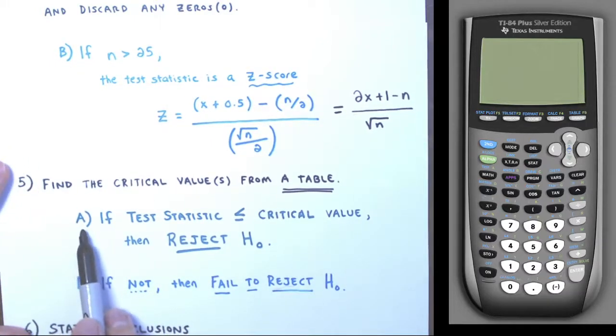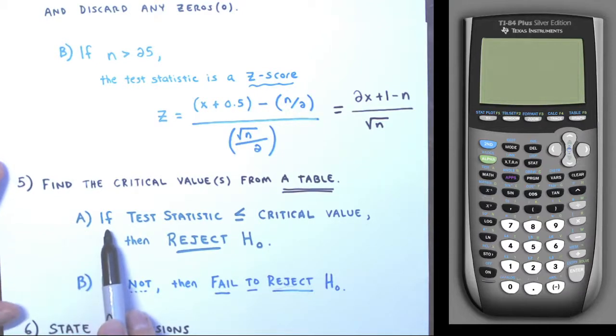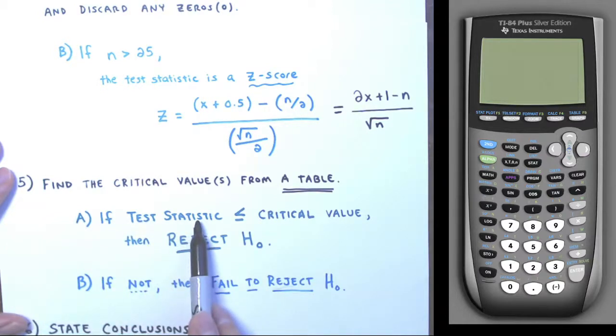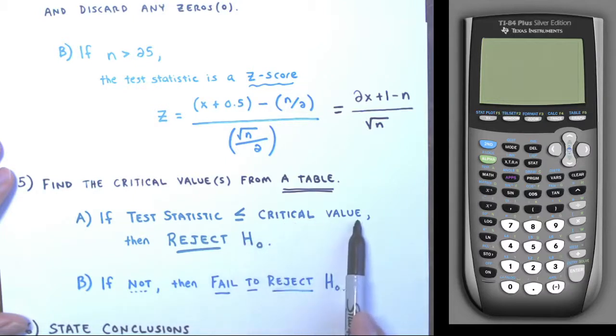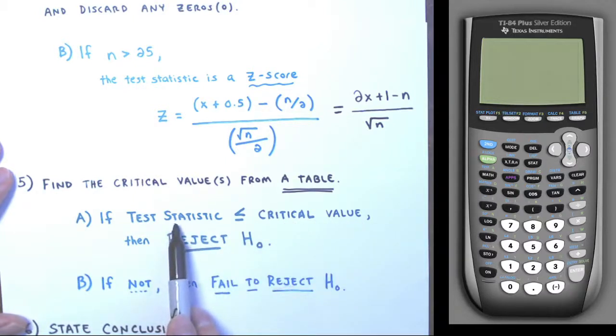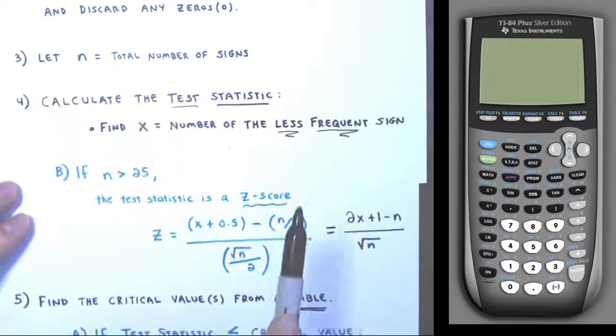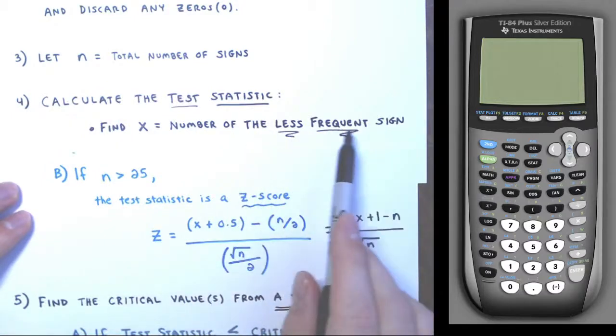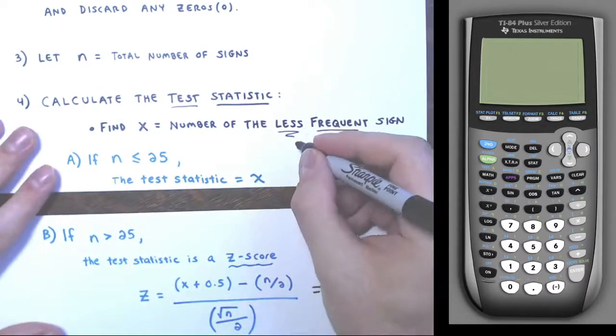And then part A of this, and this is standard, right? This is a standard thing for your basics of hypothesis testing. If the test statistic you find is less than or equal to the critical value, and this is for that value of x, since you're taking the number of the less frequent sign. Let me go back to this here.